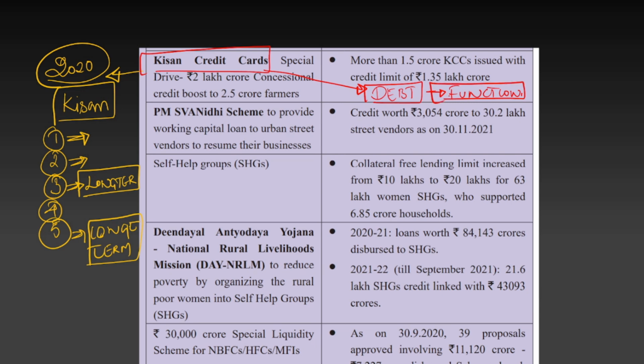This is a social phenomenon which the government cannot stop, so you have to have accommodative features for preventing that. So debt prevention, this Kisan credit card was asked, but for 2020, what you should know is long term.